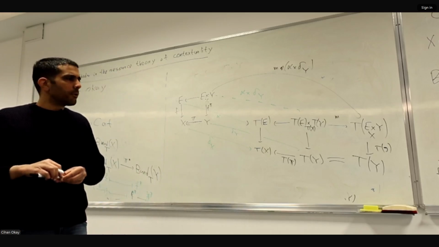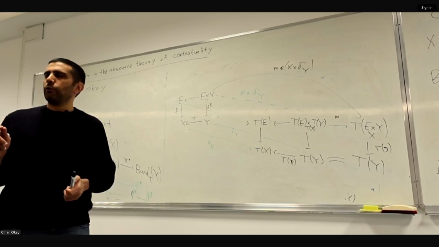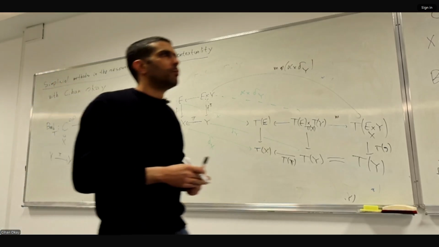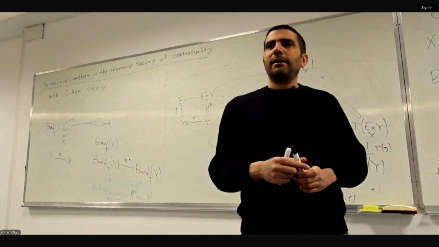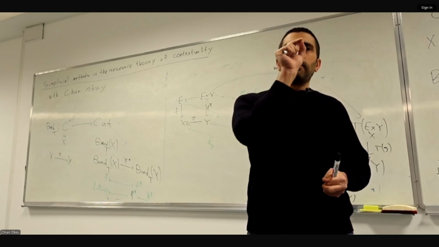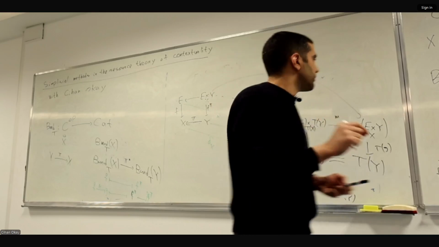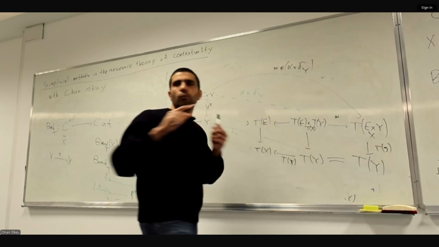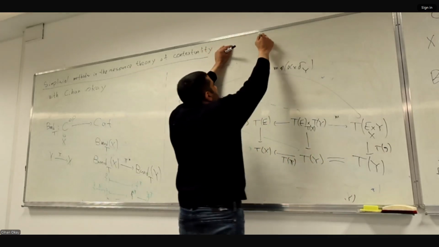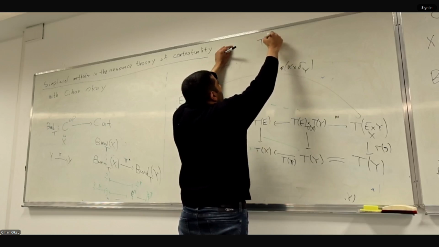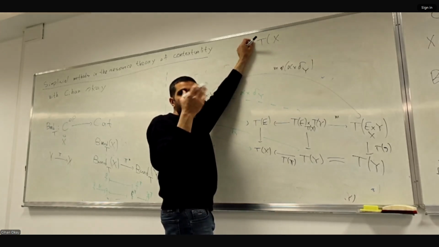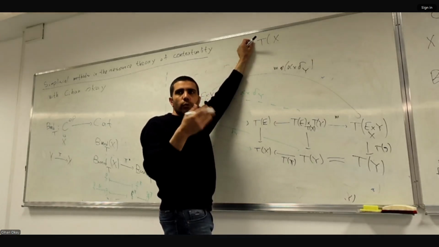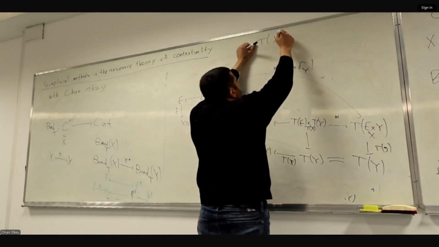Actually, for a product, when people use monoidal monads, they need this for a product, right? Let's say it's a Cartesian monoidal product, then you have this map.